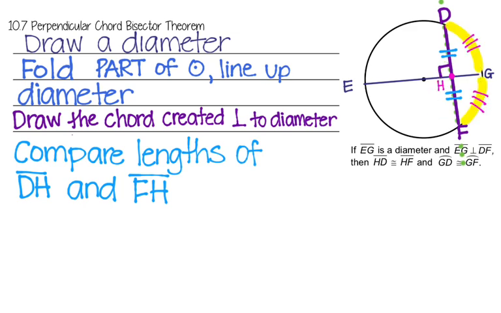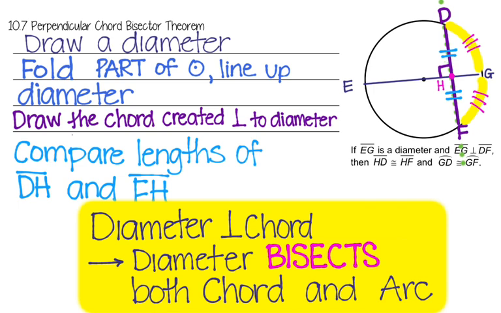We also could notice, because we could fold the paper on the diameter here and fold it across, that this arc here lands right on top of that arc, and those are congruent as well.